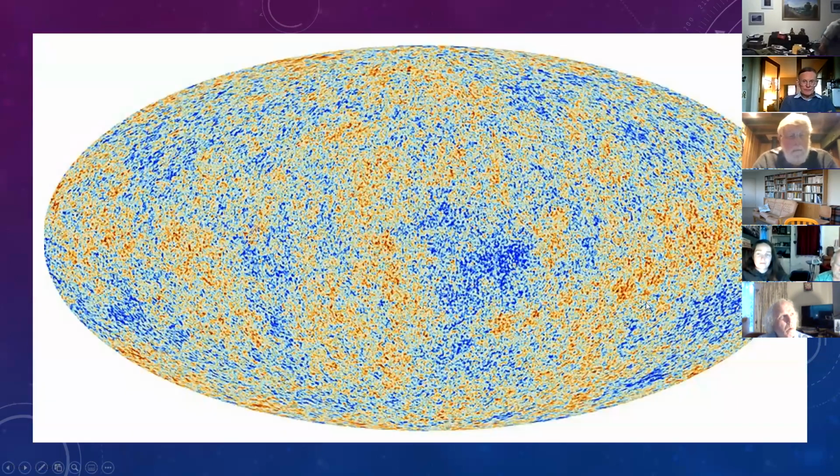So this is a quick look at a very famous image. This is the map of the universe and the cosmic microwave background radiation. And as we know from astronomy, some objects around our universe are traveling away from us, some are traveling towards us.